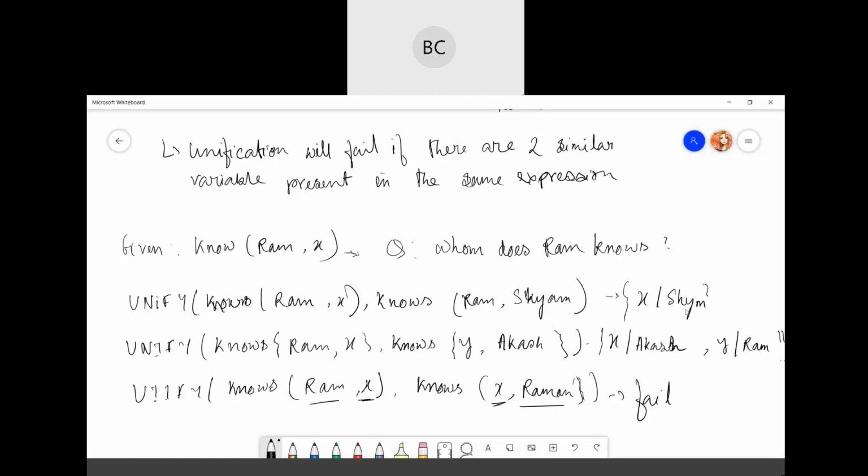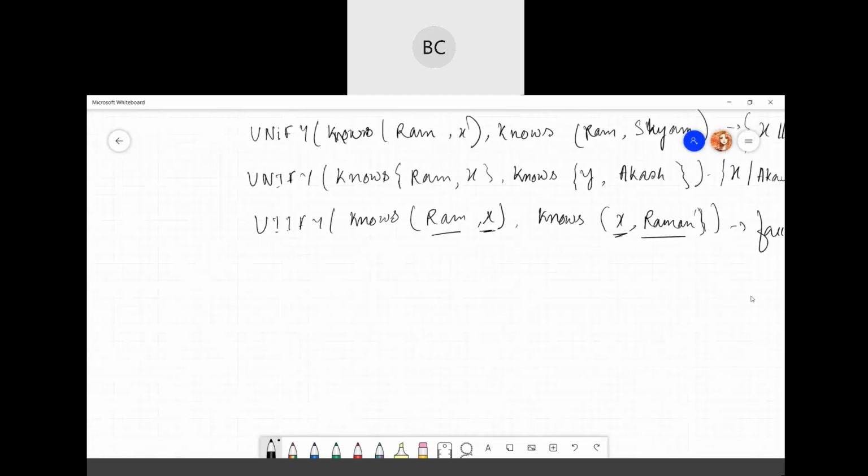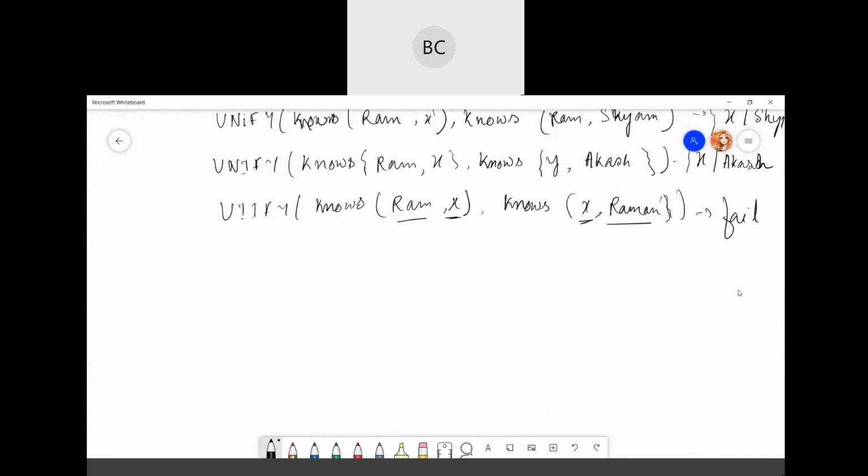Okay. So next topic, I'll go to forward chaining. Okay, before forward chaining, there's another rule left, which is resolution in FOL.